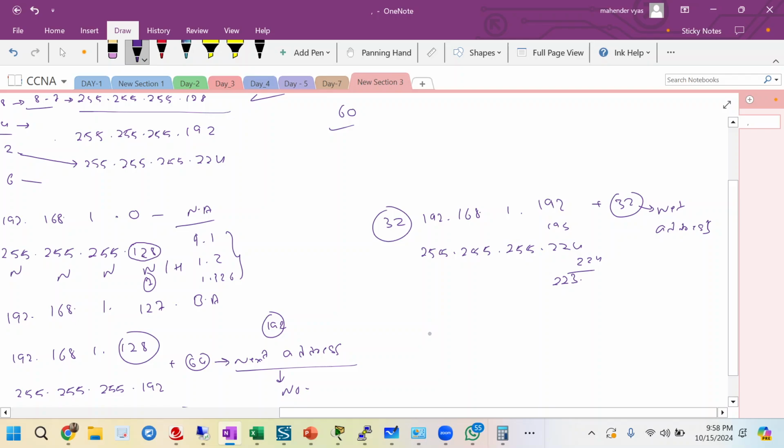Now our requirement was 10 users, but we got a block size value of 16. This is our block size value. So let's see, for 16 users, 192.168.1.224 plus 16, how much would it be? 240 would be my next address, not included in this.